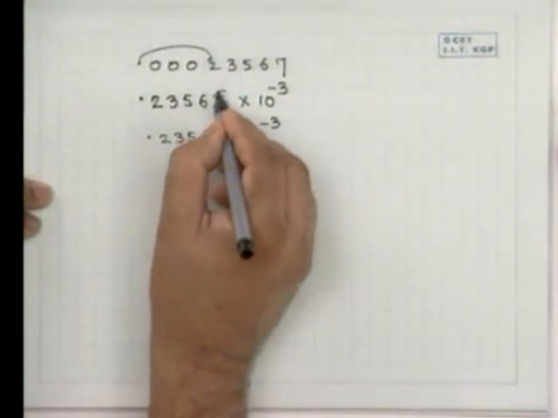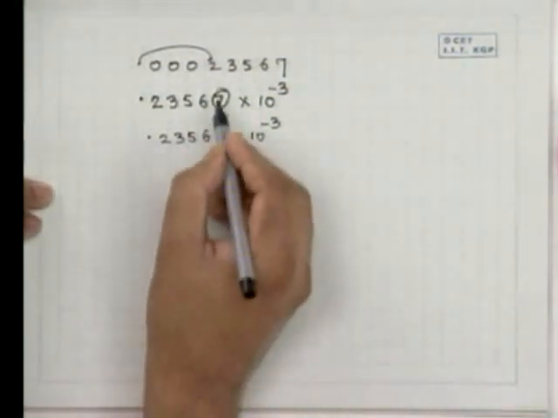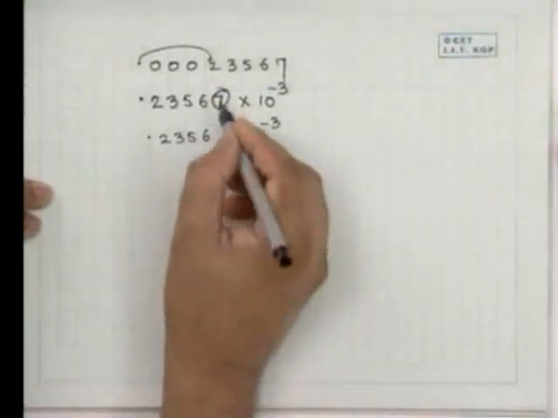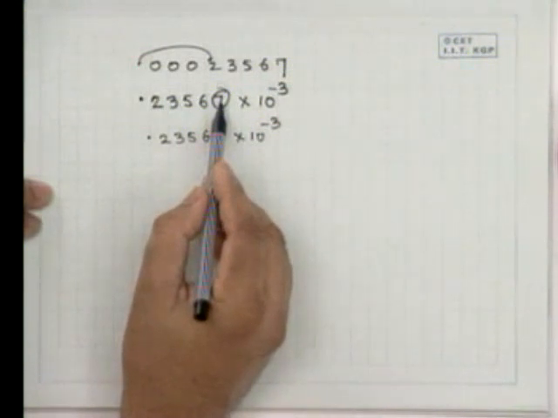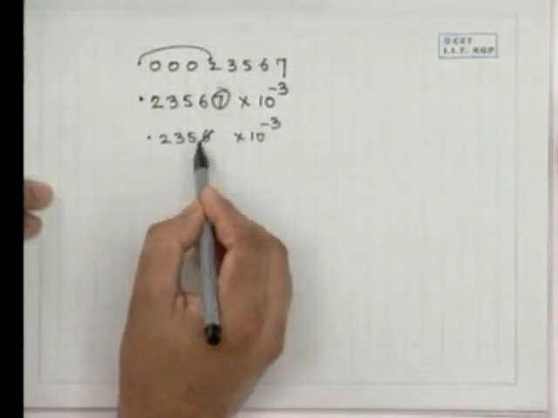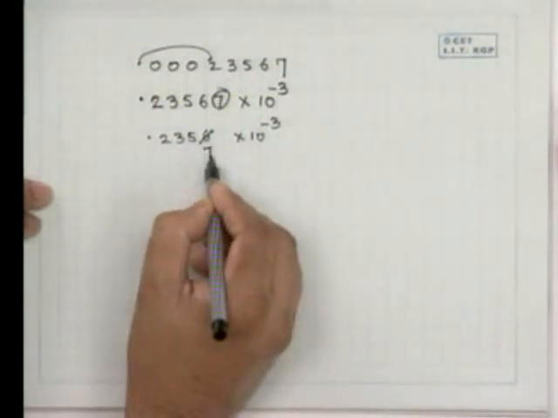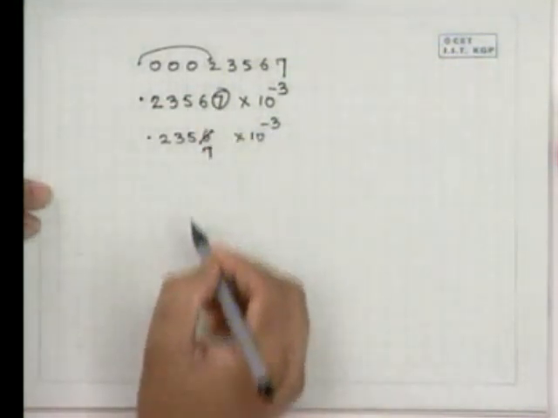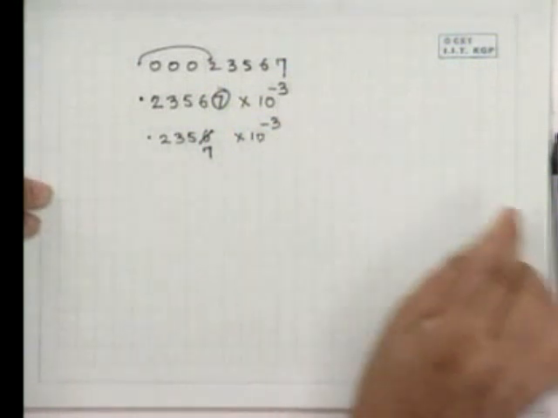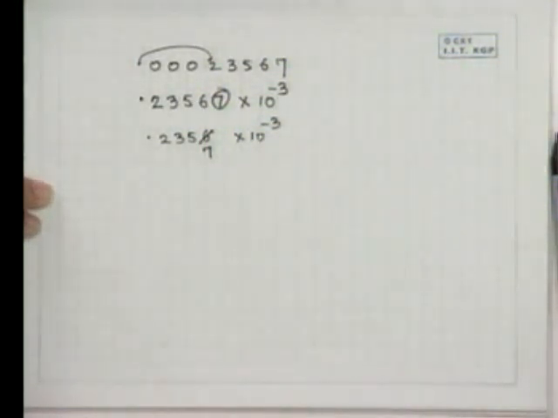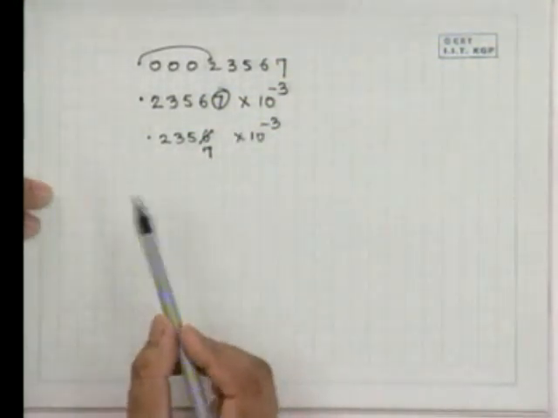When we discard this digit, depending upon the rule that we follow, if we find that it is more than 5, then we increment this by 1 to make it 7. We call it rounding off. This is what we call a normalized representation of a decimal number.